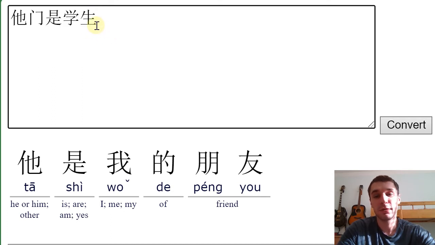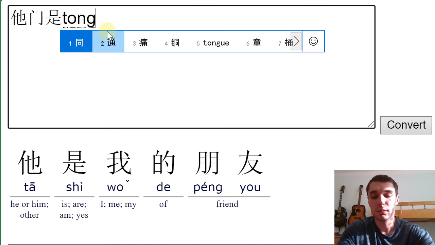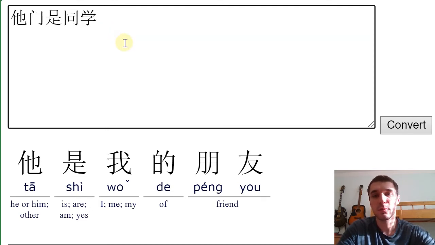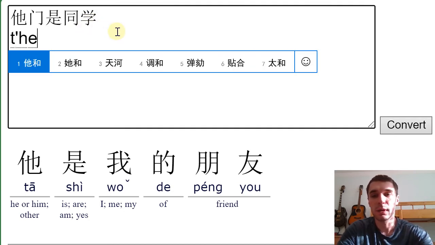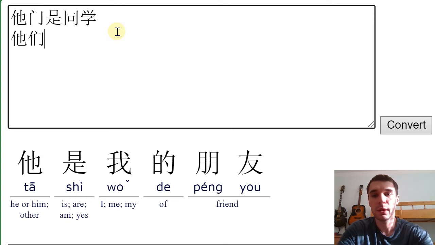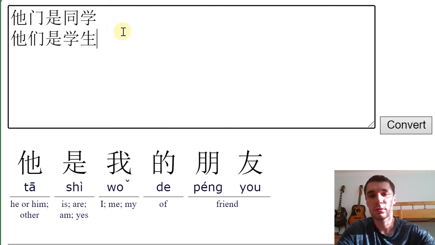So I want to trick you. Be careful. 他们是学生. How to say they are classmates? Not 学生 but 同学. Yes, be careful. 他们是同学, and if we want to say they are students, we will say 他们是学生.